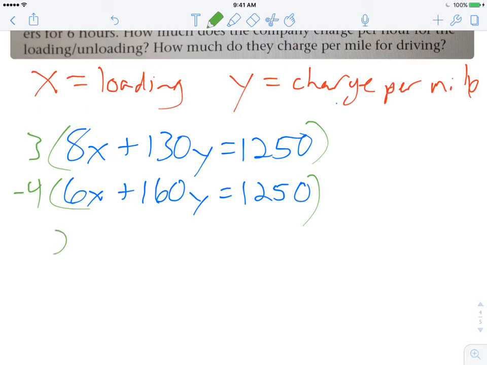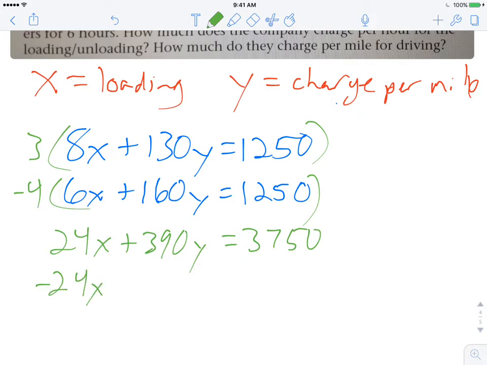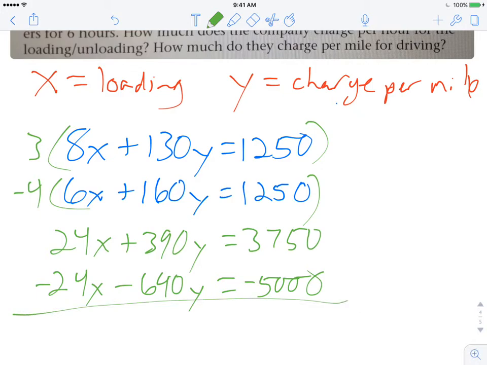All right, so that's 24x plus 390y equals 3750. And then -24x minus 640y equals -5000. All right, so when I add those two equations together, the x's are going to cancel.